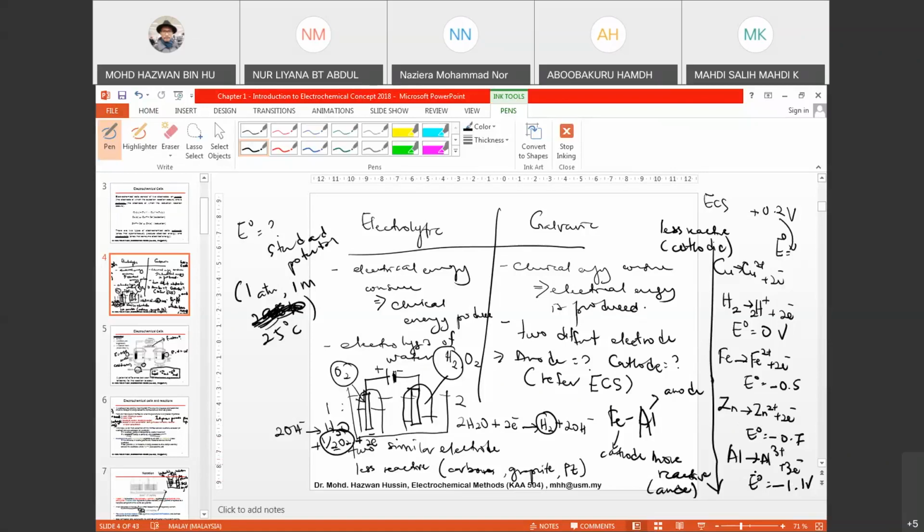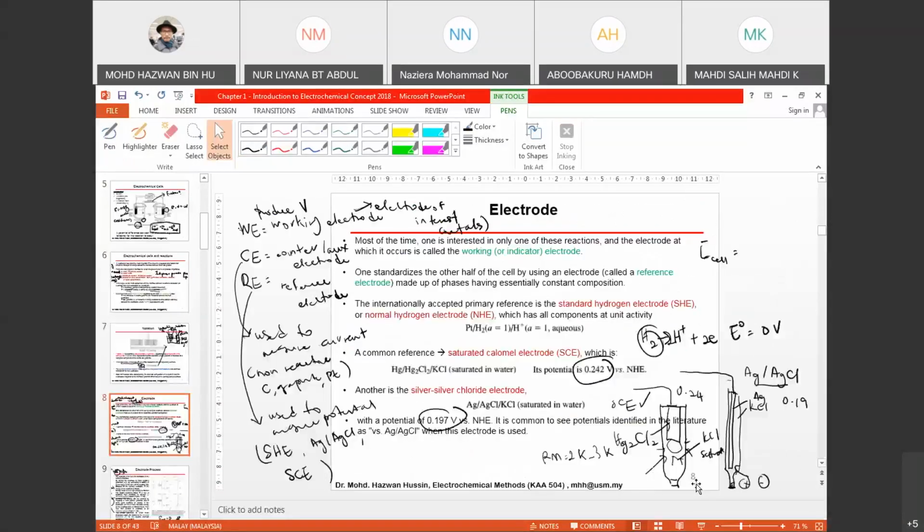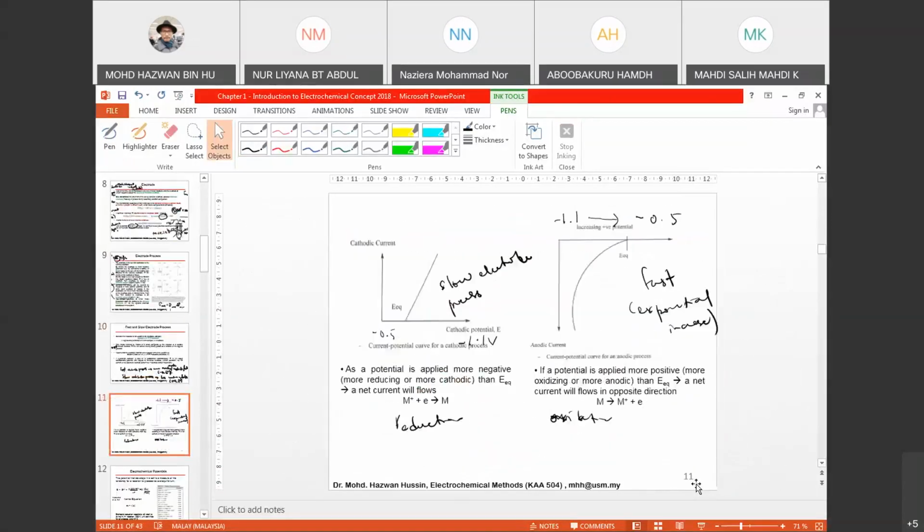So you see, aluminium over here is more negative compared to the rest. Yeah, anode, you are right. When it's more negative, it will be more reactive, so it will be easier to become the anode. Okay, I got it.